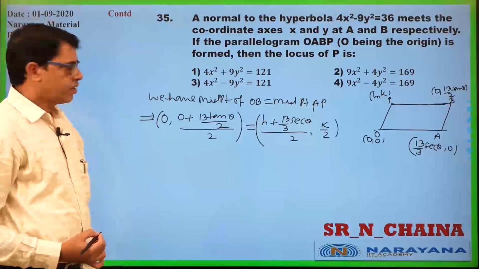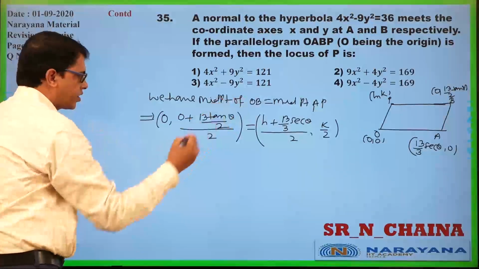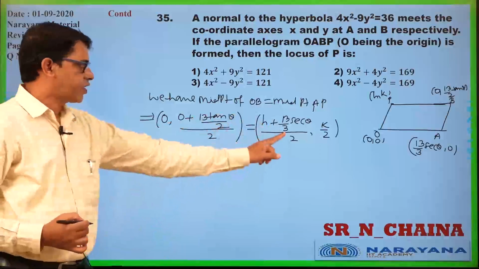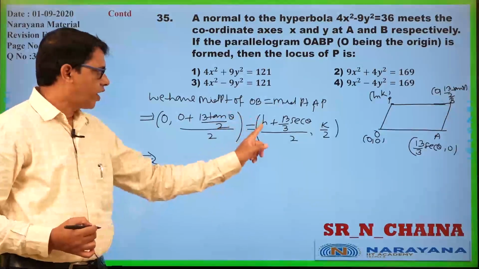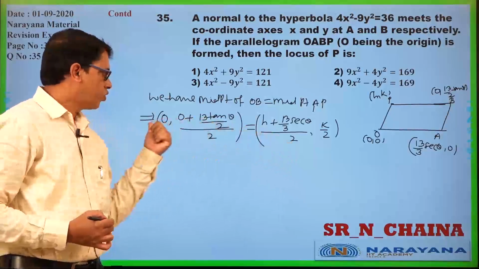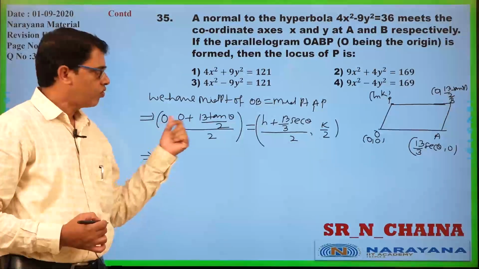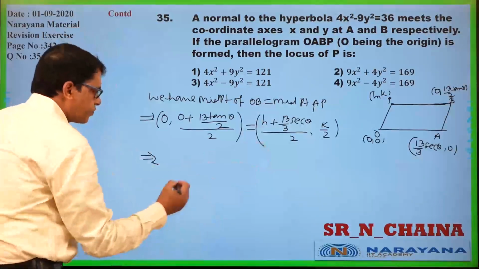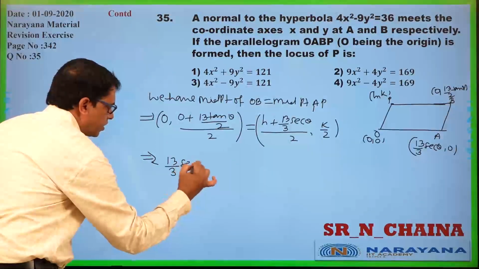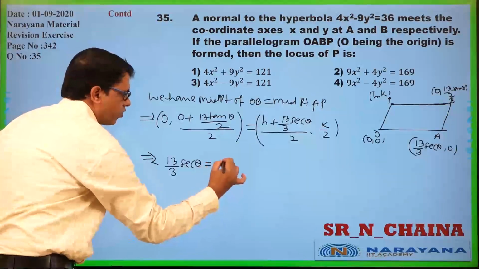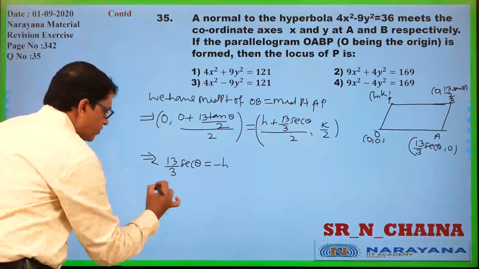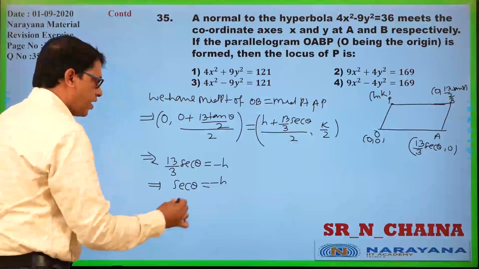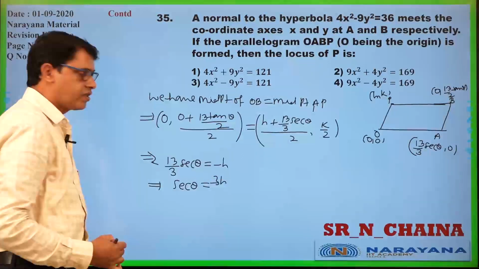Now equating the x coordinates, what we get? So 0 equals h plus 13 by 3 secant theta upon 2. So 2 goes to the other side, becomes 0. We are left with h plus 13 by 3 secant theta equals 0. So 13 by 3 secant theta equals minus h. From this, the value of secant theta equals minus 3h by 13.